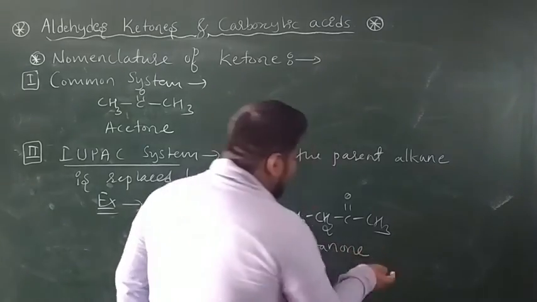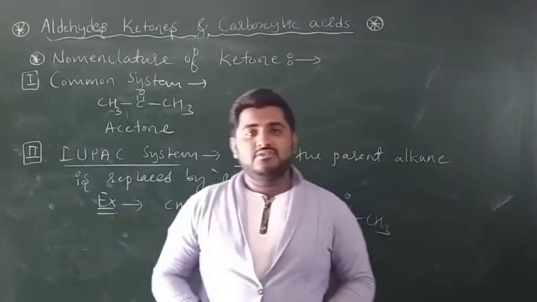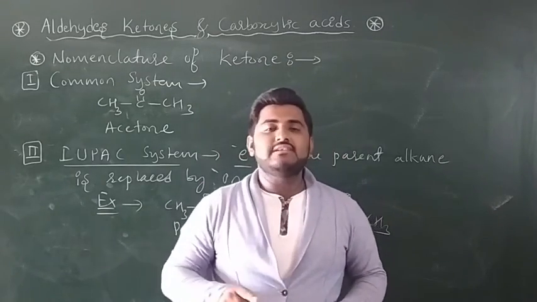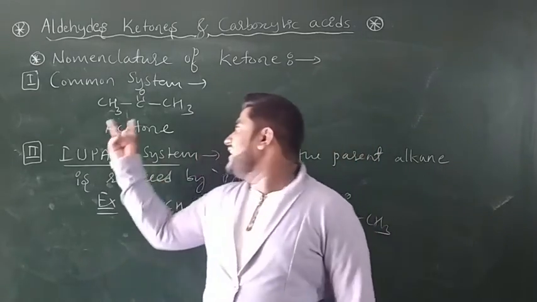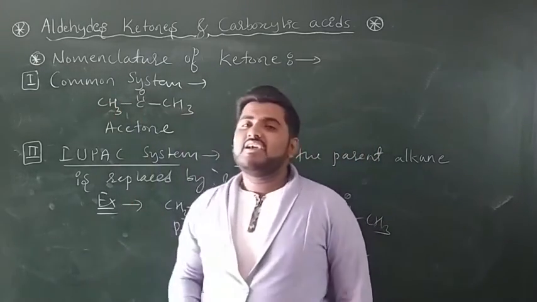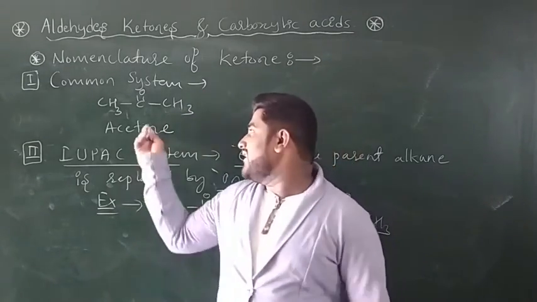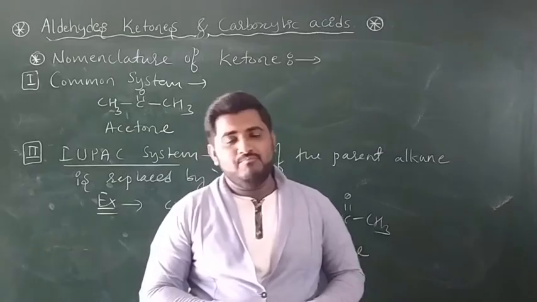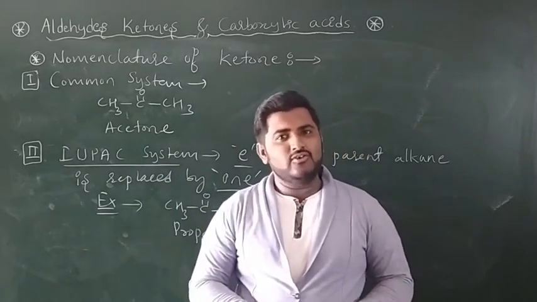Like that, we can get the naming of ketones in the IUPAC system. E is replaced by ONE. In the common system, we can derive the name by adding the names of the corresponding alkyl groups, and some direct common names are also there in case of ketone. I hope you understood. We will study some more examples regarding ketone naming.